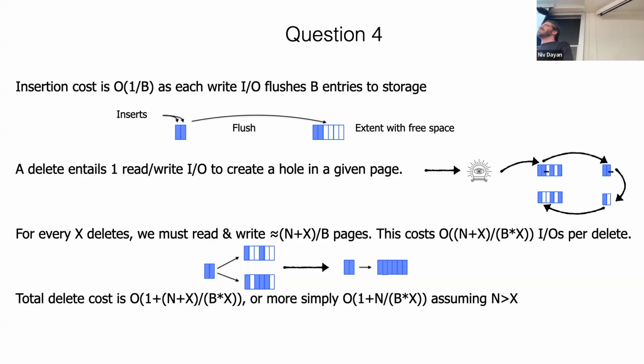Does that make sense? If I asked you to account for the cost in terms of entries written, it would be N, but it's just a question of the units in which you express your answer. Any more questions about this?